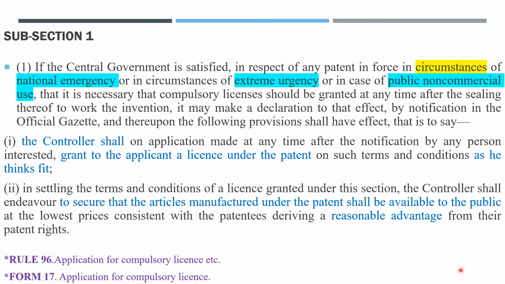That is to say, clause number 1. The controller shall, on application made at any time after the notification by any person interested, grant to the applicant a license under the patent on such terms and conditions as he thinks fit. Okay. Now, clause 2.